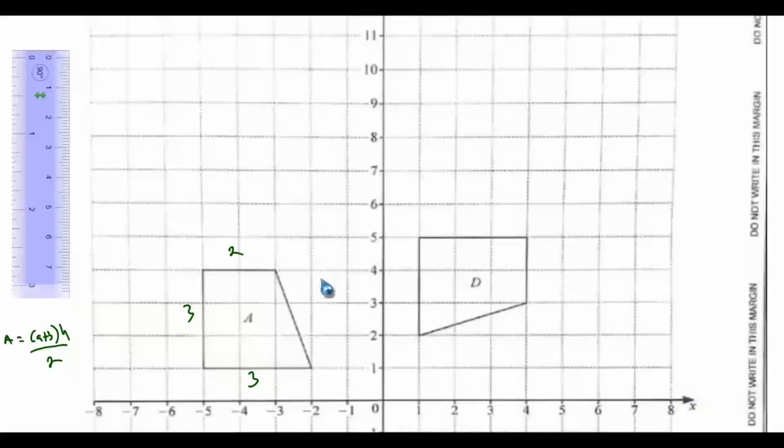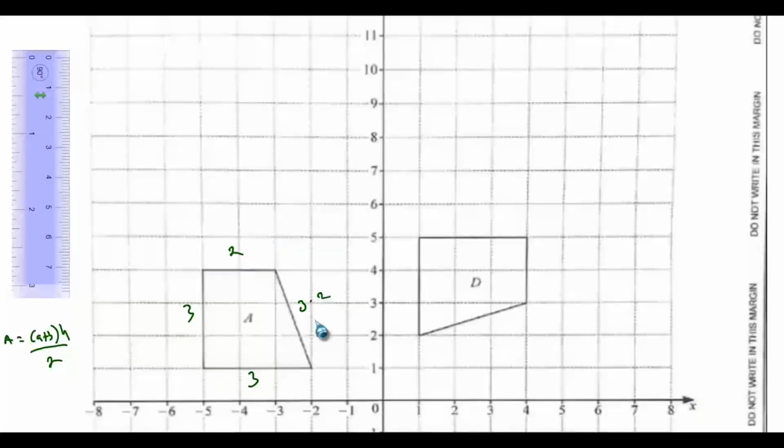When I measured mine, I got 3.2. There may be a little difference between mine and yours because this is a scanned paper, so the dimension might have been distorted due to the scanning process. But I just got 3.2.